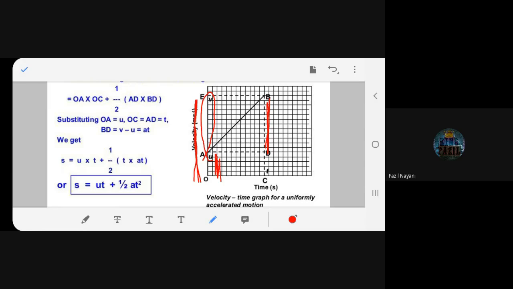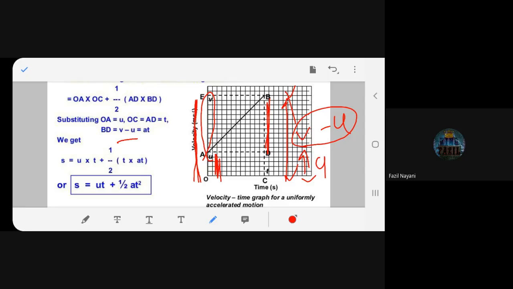Agree or not? So what is BD? The whole thing is V and this much is u. So what I'm doing? V minus u. So this is BD. Agree? So we got V minus U.